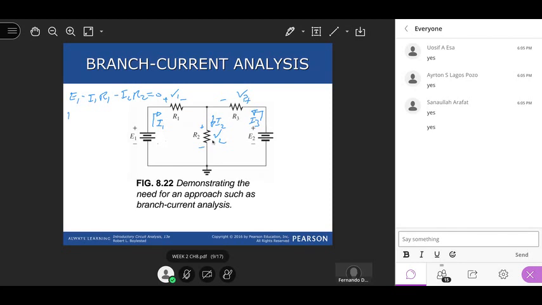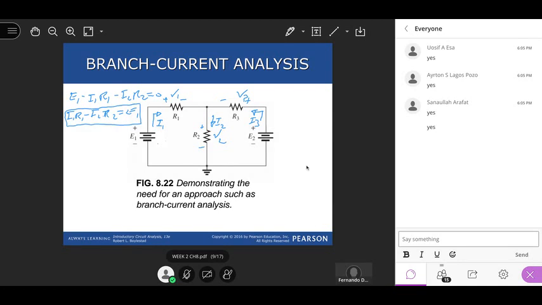Now let's rearrange this. This is equal to I1 times R1 minus I2 times R2 equal to E1. And that will be my equation number 1, right? This is my equation number 1.